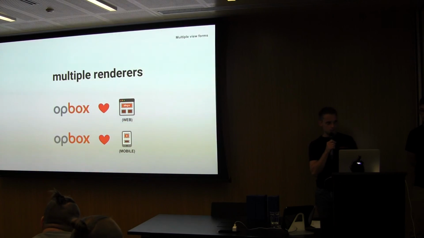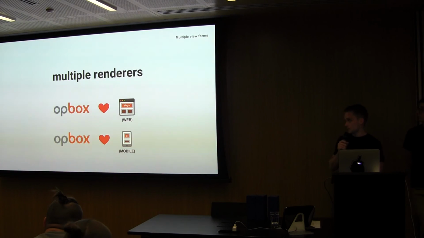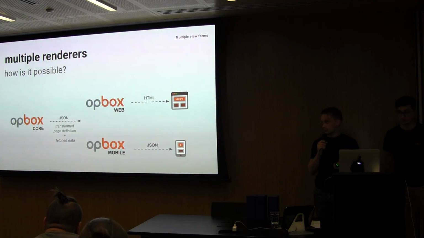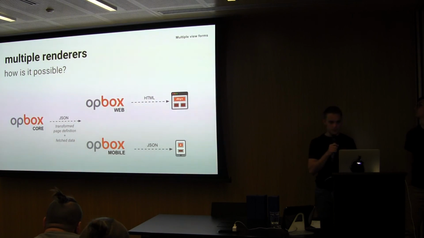We have focused on the presentation only on the first one, but keep in mind that the same applies to mobile. So to make multiple renderers possible, we've introduced another layer of abstraction.